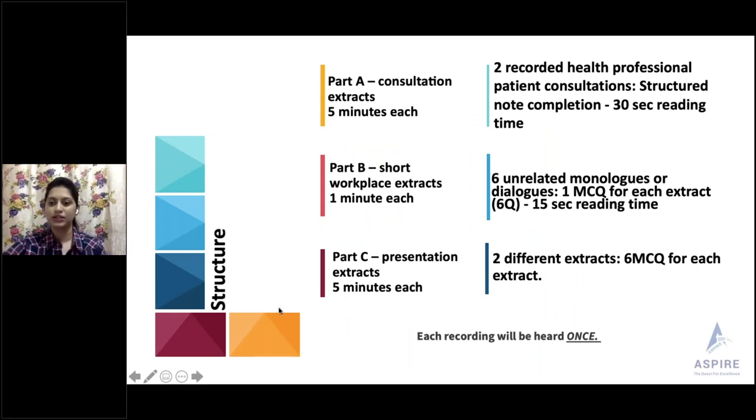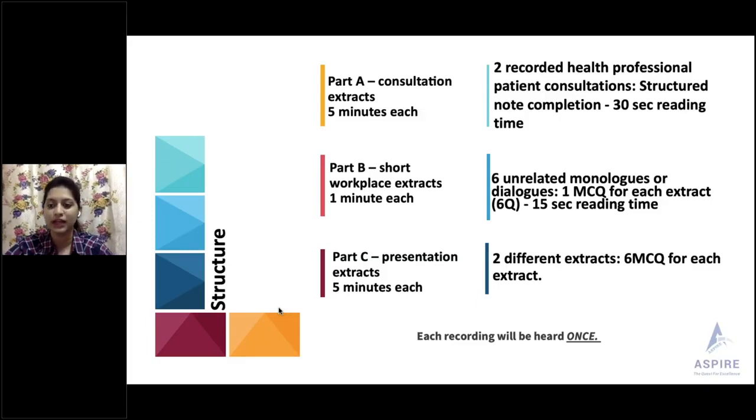So let's look at the listening structure. The OET listening test is designed to assess your listening skills in a range of contexts relevant to your workplace. Each part of the test focuses on important areas of understanding for healthcare staff, including communication with patients and colleagues in the workplace environment.